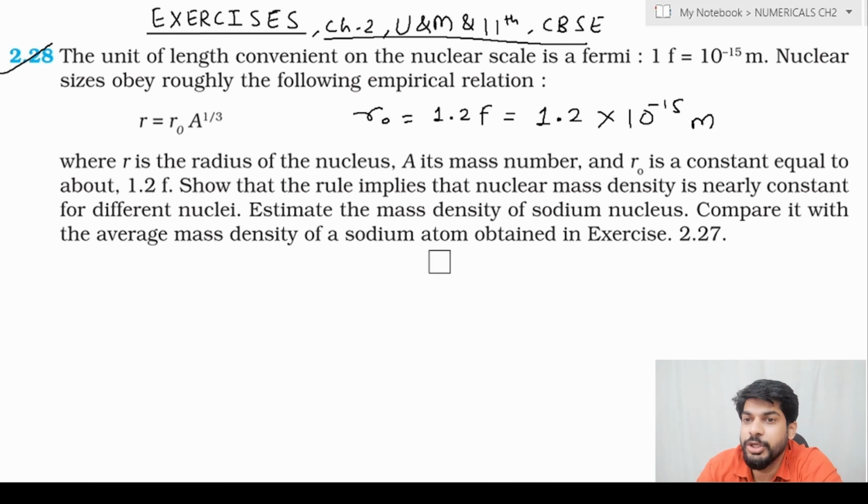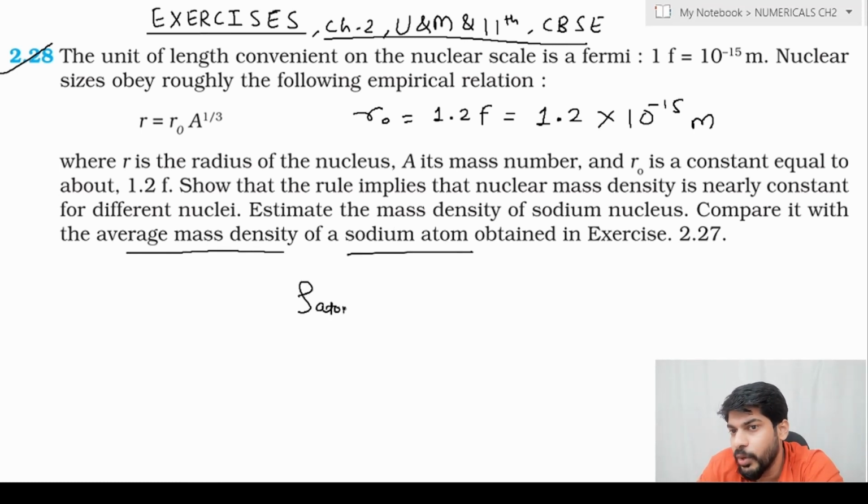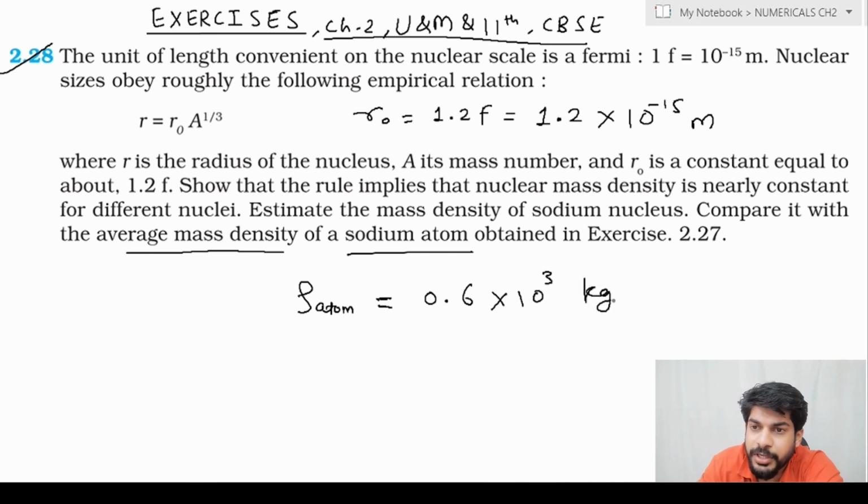The mass density of a sodium atom was obtained in exercise 2.27. That means in the previous exercise we actually obtained the value of the average mass density of the sodium atom, and I will write here, rho atom is equal to about 0.6 into 10 raised to 3 kg per meter cube.